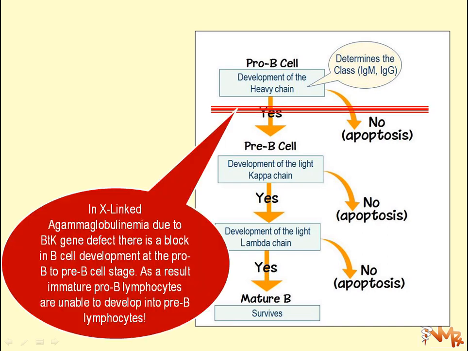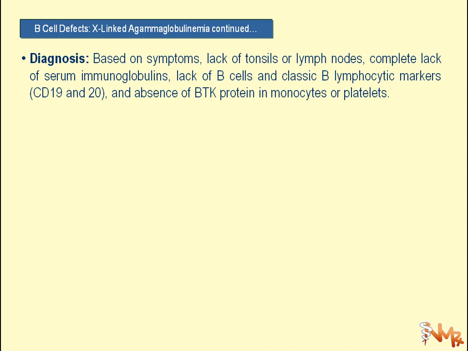In this X-linked condition, due to BTK gene defect, there is a block in B cell development at the pro-B to pre-B cell stage. As a result, immature pro-B lymphocytes are unable to develop into pre-B lymphocytes. How do we diagnose the condition?